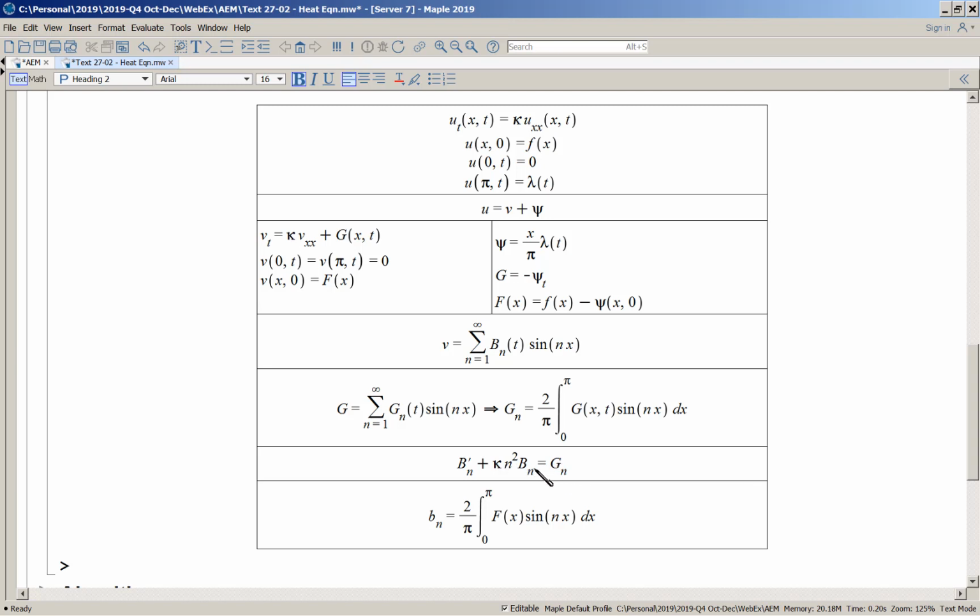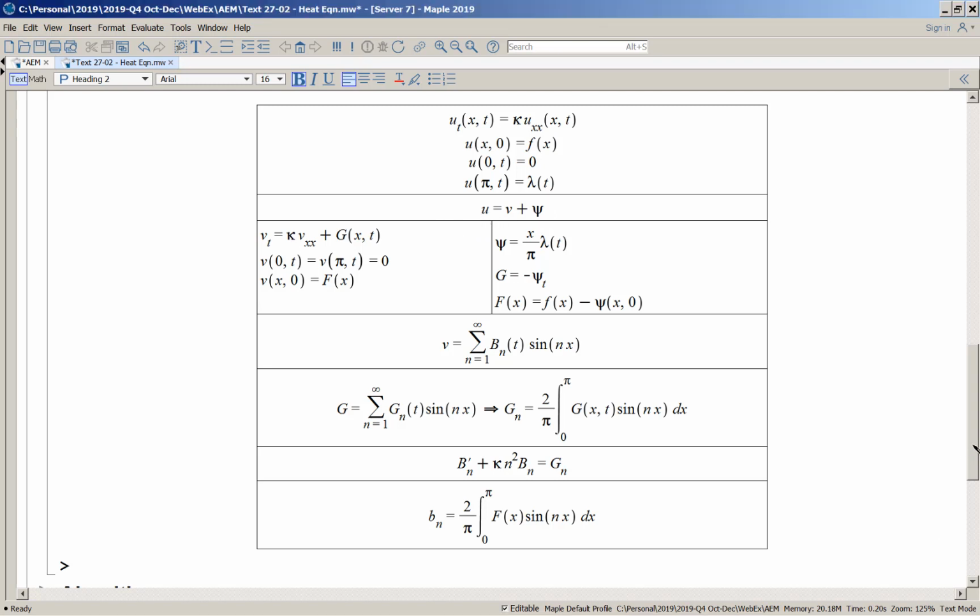And for this, there is a variation of parameters formula that will say the big B's equal. But you're solving a differential equation, so you introduce a constant of integration. You can choose that constant of integration to be these numbers. Now, f is known, so you can compute these numbers, and therefore you will know what the B's are. And if you know what the B's are, you know what V is. And since you also know what psi is, you now know what U is.